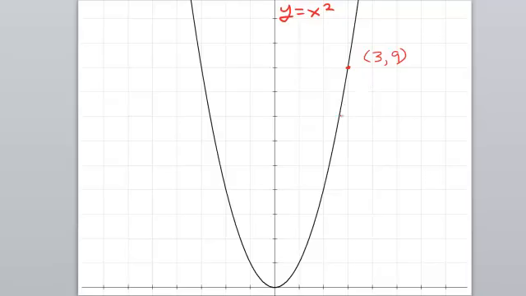Now we know we can approximate it by looking at slopes of secant lines as they approach it from one side or the other, but the actual real rigorous way of finding it is pick a point, any point.